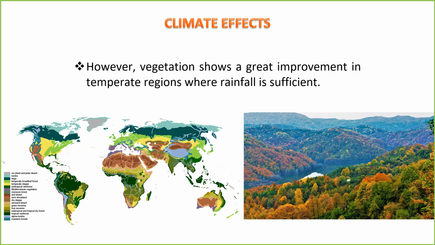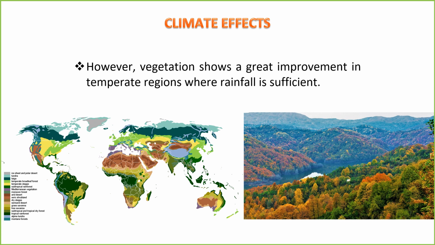This, in turn, contributes to increased vegetation density and productivity. 2. Biodiversity. Sufficient rainfall supports diverse plant species, leading to higher biodiversity. Different plant species have varying water requirements, and a more extensive range of vegetation types can thrive in areas with abundant rainfall.